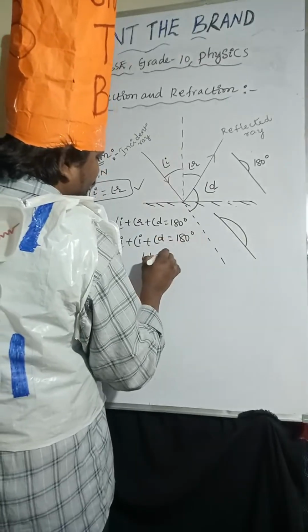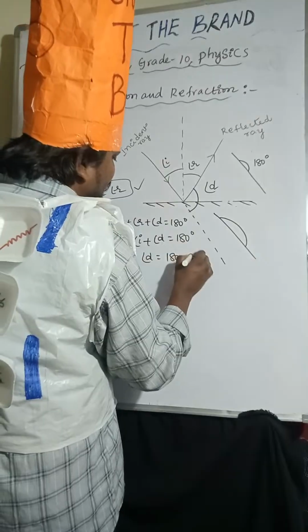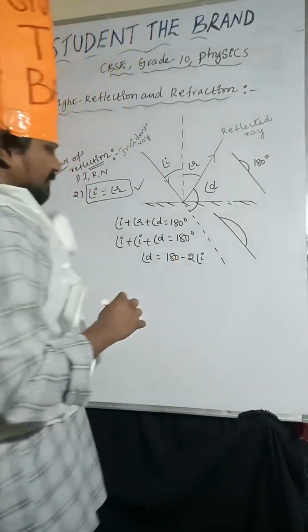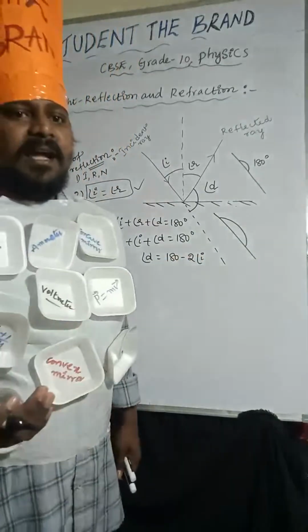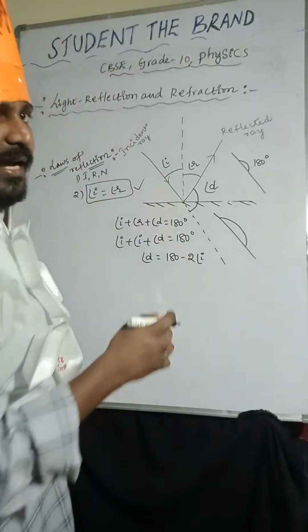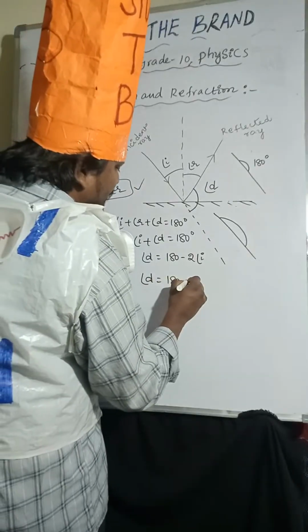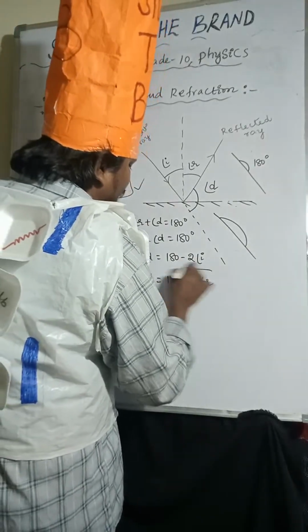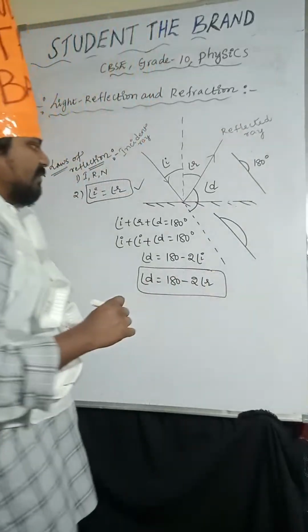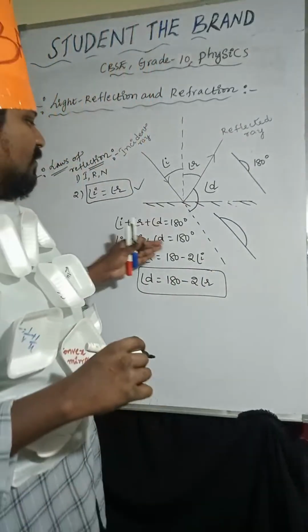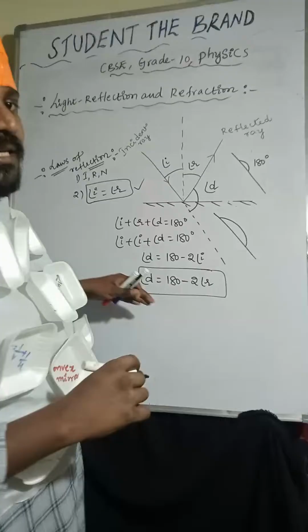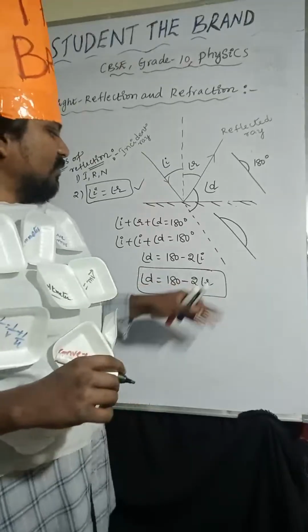So the angle of deviation equals 180 minus 2 angle of incidence. At the same time, we can also write the angle of deviation equals 180 minus 2 angle of reflection.